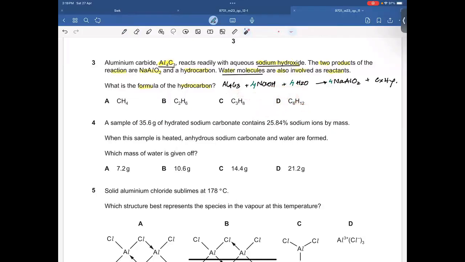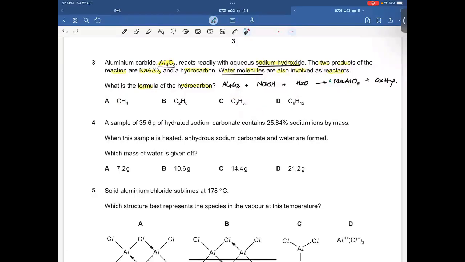So aluminum is 4, sodium is 4. Hydrogen is 4 times 2, 8, plus 4, 12. Hydrogen is 12. No. C3 and H12 is not an option here. So I think it's not going to be the correct one.